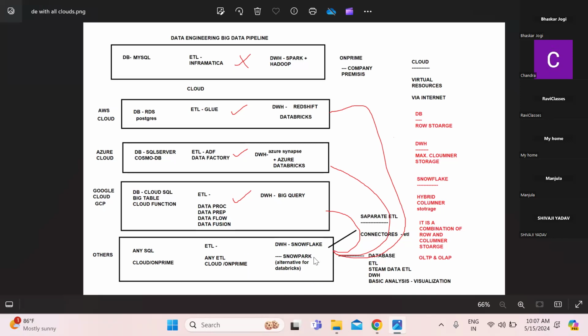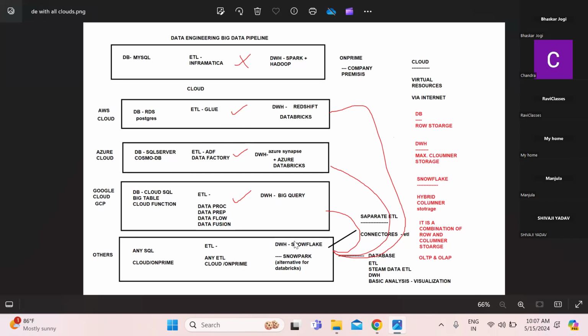So in this case, how much knowledge do we need to gain on the AWS cloud, Azure cloud, and GCP cloud? You are not going to be an expert in each cloud's data engineering, not in AWS data engineering, not in Azure data engineering, not in GCP. You are going to be an expert in Snowflake.